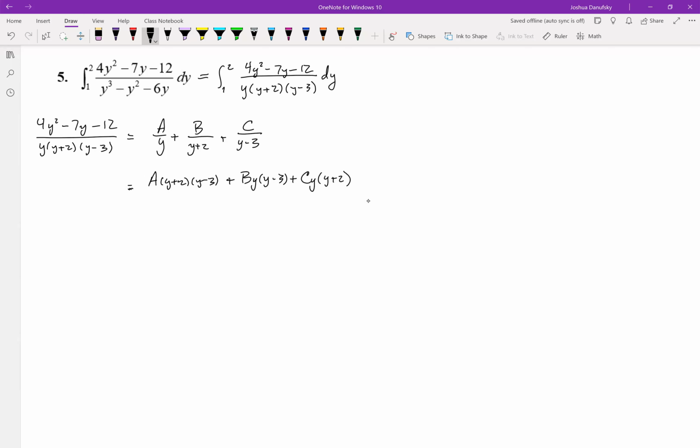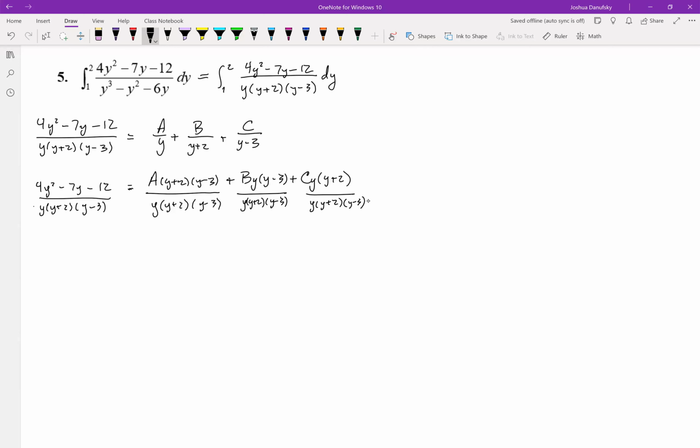Again, as we saw earlier, this would give us the same denominator in each one if we were to write it all out like this. And if we were to add these together, we would get 4y squared minus 7y minus 12 in the numerator, and in the denominator, we would have this again.